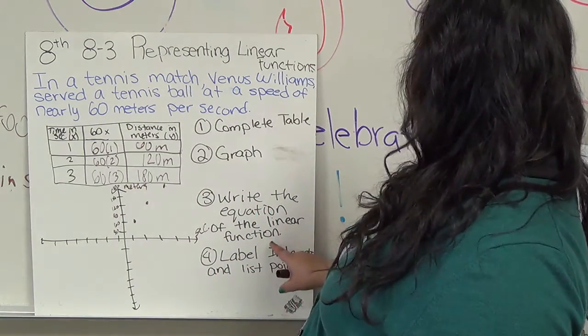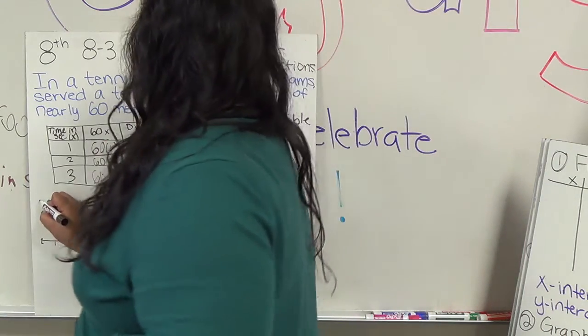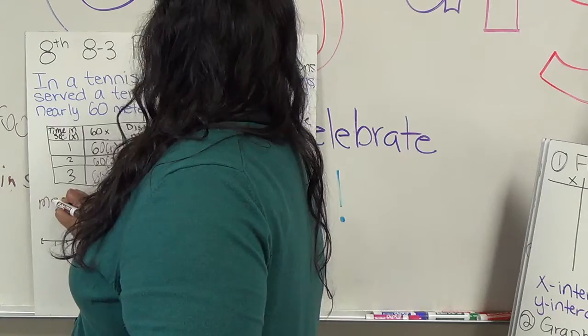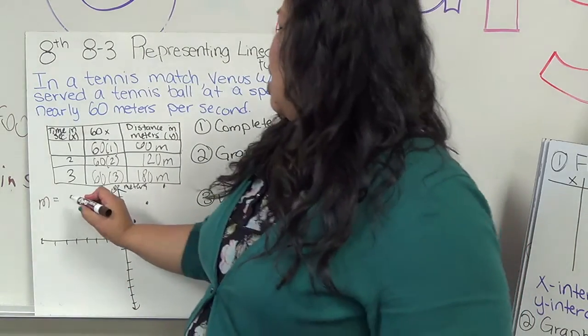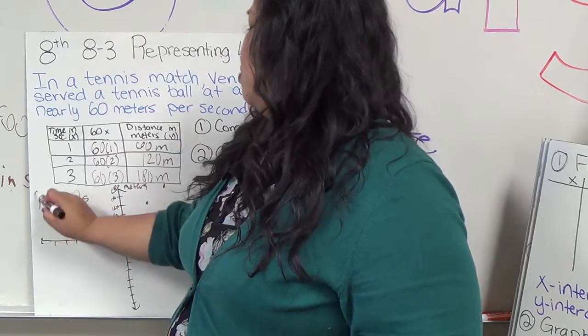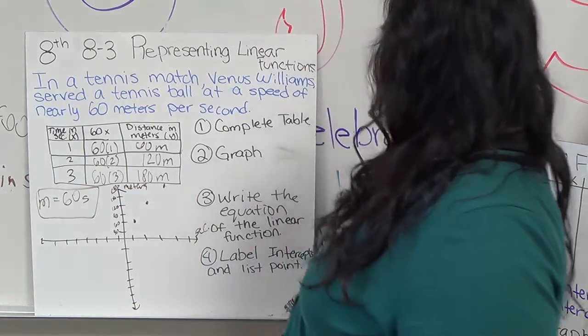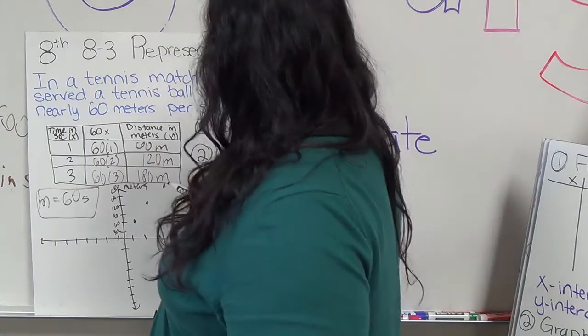So the equation of the linear function is y, for every meters I get, right? The amount of meters I get is I have to do 60 times how many seconds? And then these are my intercepts.